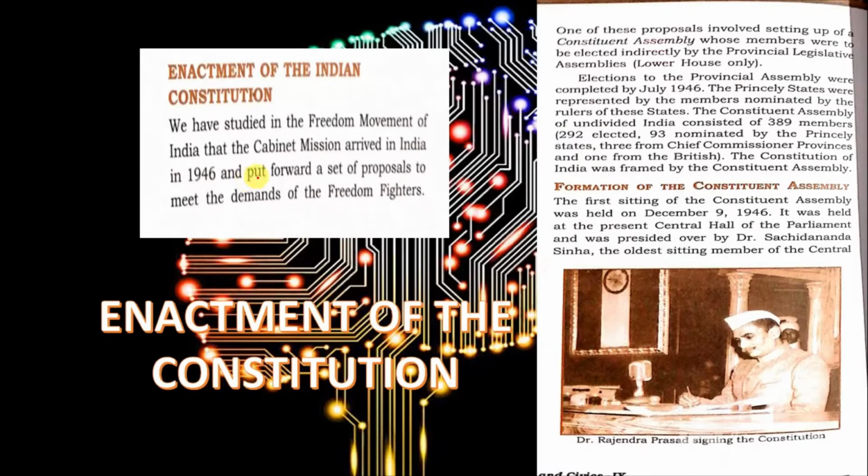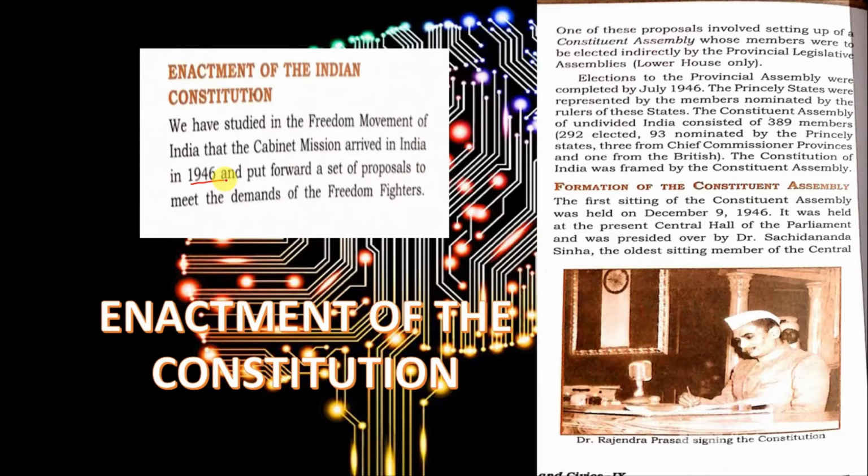You have learned these things in the earlier classes. This is 9th grade, so in 9th grade you are going to study more about our Constitution, which is this chapter.